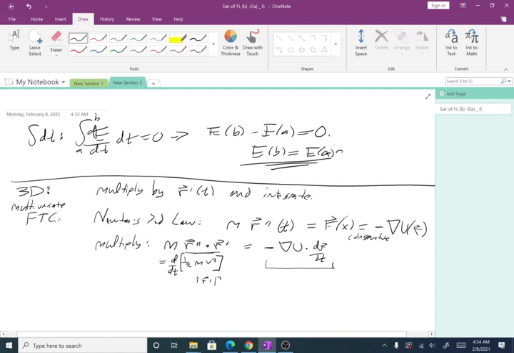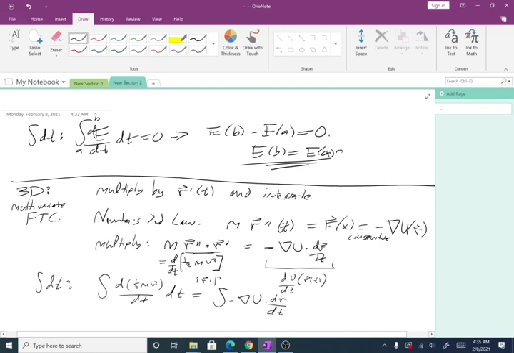In this case, it turns out this is just our usual dU/dt. U is a function of r of t. So therefore, if you integrate in t, the integral of d(1/2 mv squared)/dt will be equal to the integral of minus gradient U dot dr/dt.